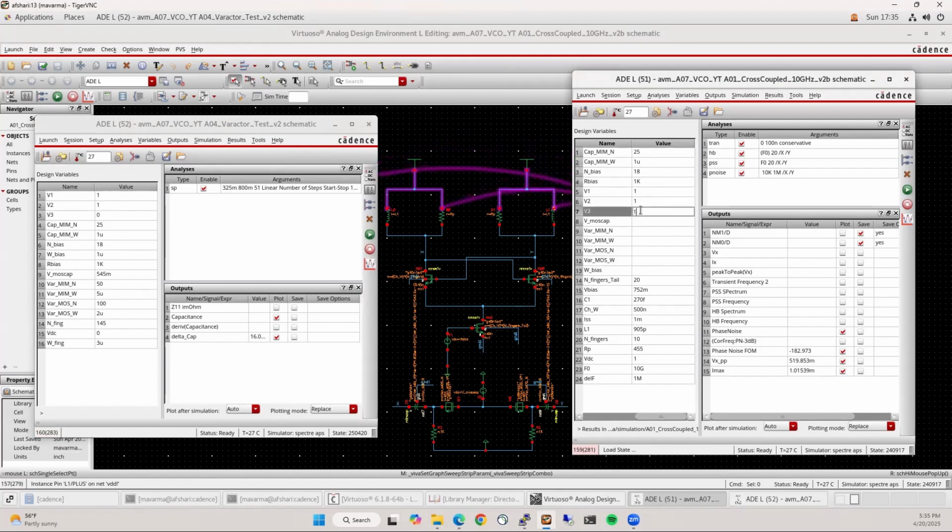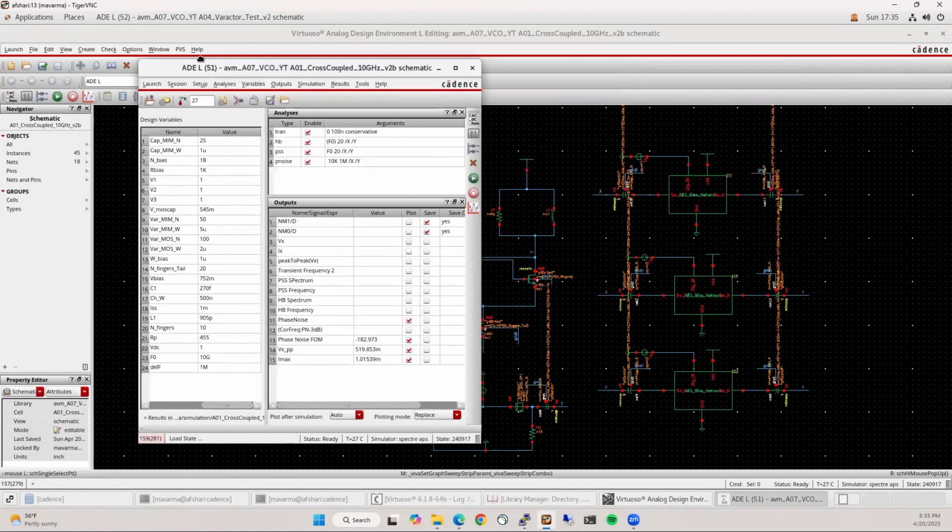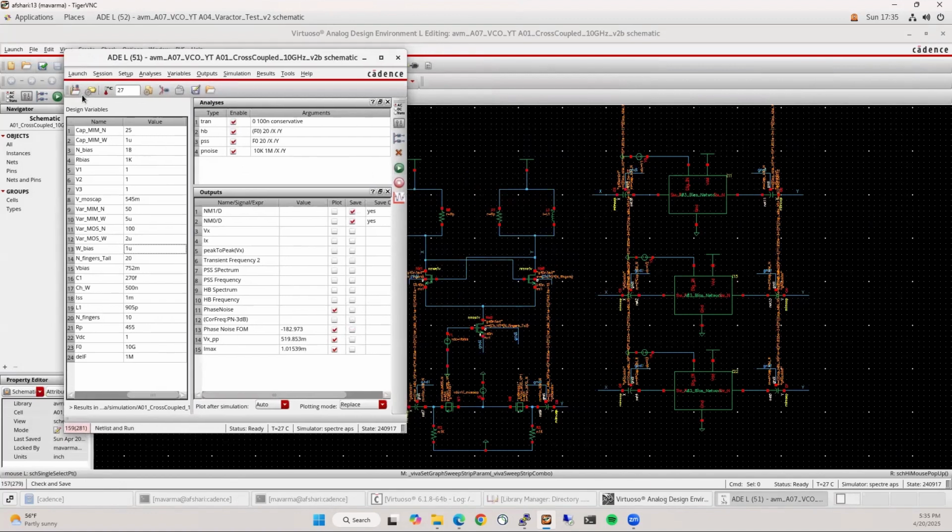Let's just set this to 111, 545 milli, T, bar mim is 5 microns, variant max is 100, and the width is 2 microns. The bias is okay. All right, so let's run this and see what happens.